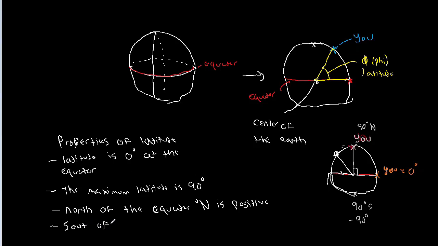South of the equator, denoted with degrees S, is negative. All right, so that's how we differentiate a maximum of 90 north and south, N and S, positive, negative. So hopefully that makes sense.